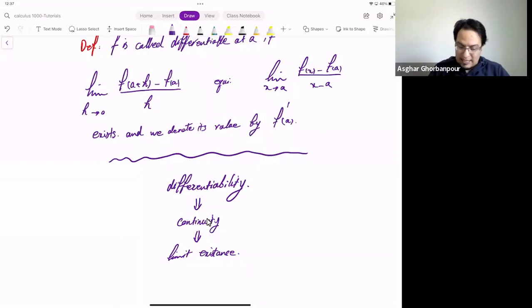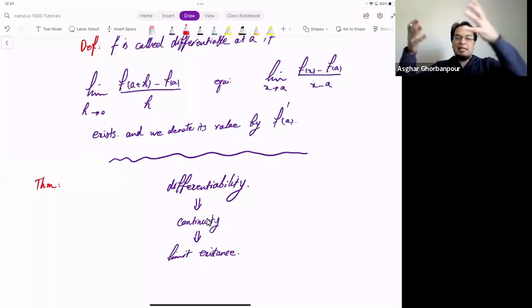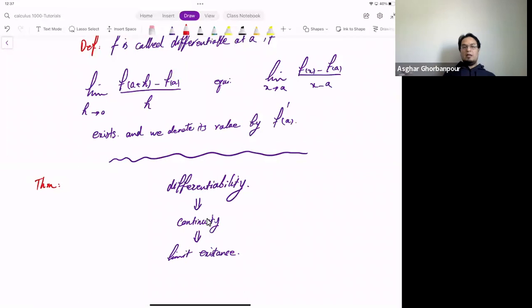So this is a hierarchy that you have to remember, but the main part, which says every function differentiable at a point is continuous at that point, is a very important theorem, and you have to know it and use it. In the upcoming example, I'm going to use that, and we will see a little bit of details of how this goes. Are there any questions or comments before I move to the examples?